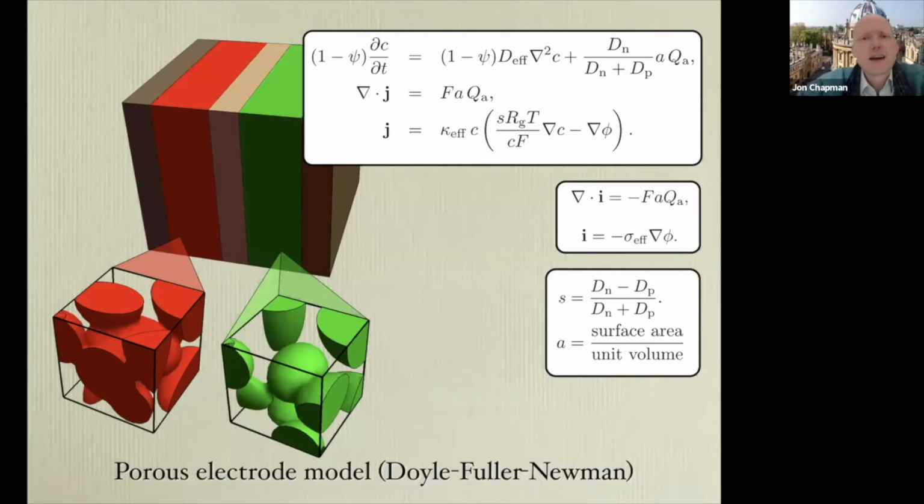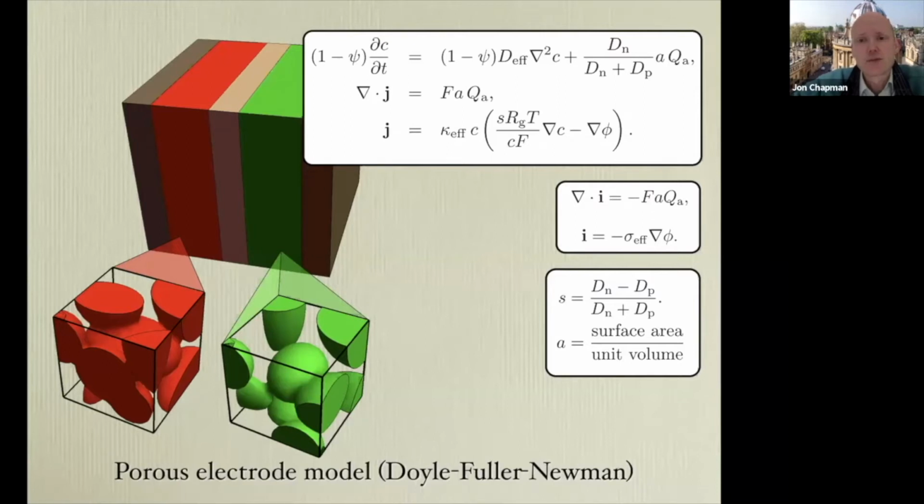And so psi here is the volume fraction of active material. What was a surface term has now become a volumetric term as the lithium comes out of the active material into the electrolyte or vice versa.